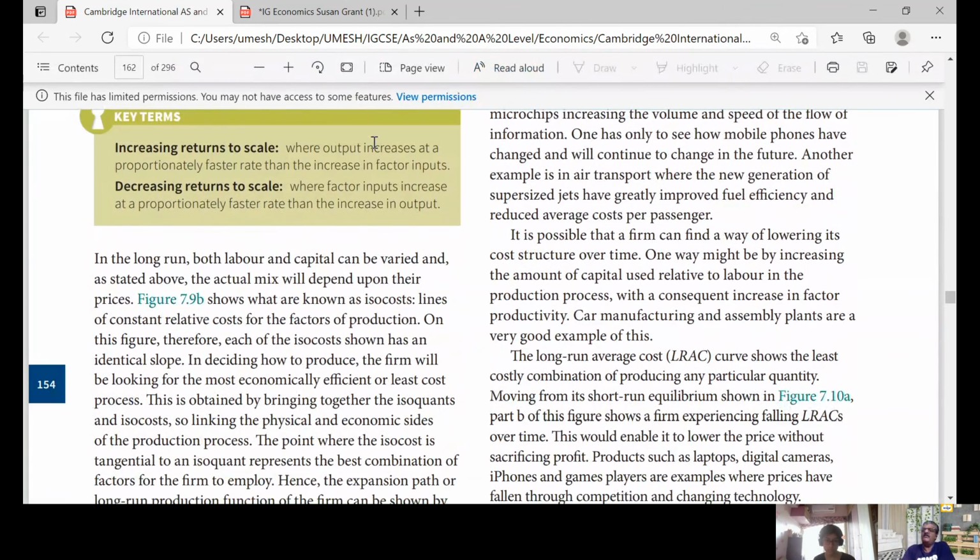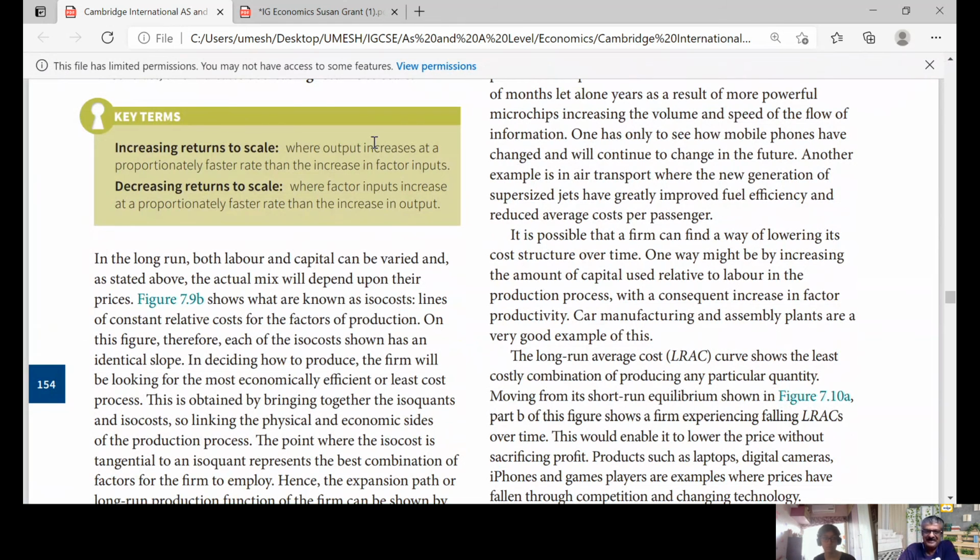See, what is increasing returns to scale? Between 100 to 200 to 300, output is increasing at a proportionally faster rate than the increase in factor inputs. Whatever inputs you are using, if the proportion of output relative to input is faster than input, then you have increasing returns.